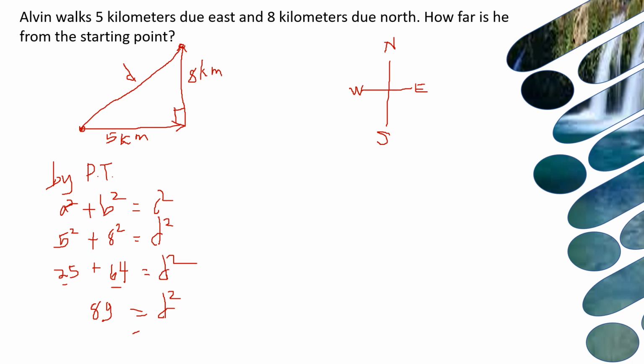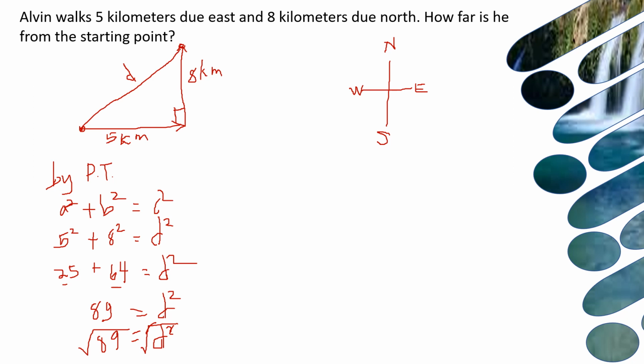Now, eliminating the square of D, we have to extract the square root of each side, because square root is the opposite of squares. So we extract the square root of D squared so that the square and the square root cancel each other.